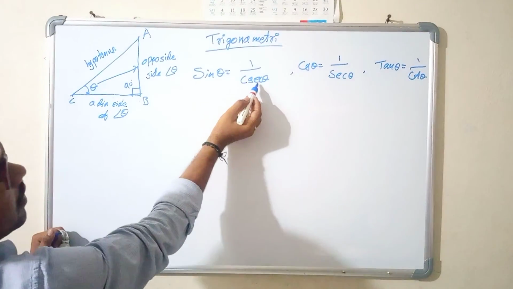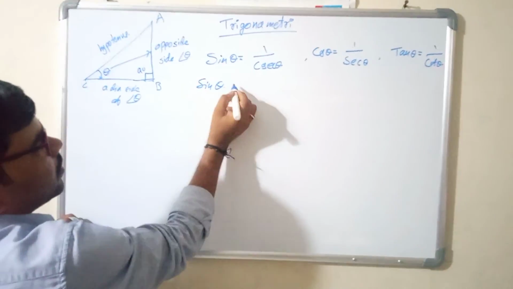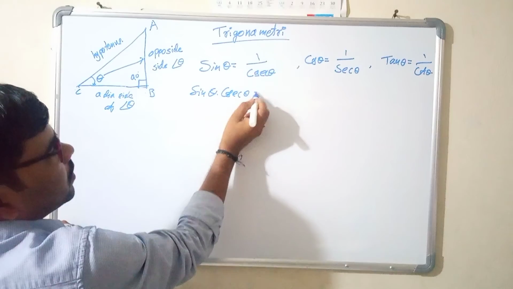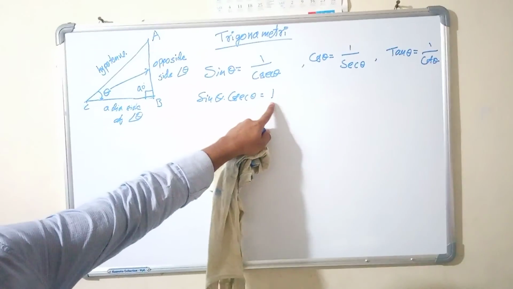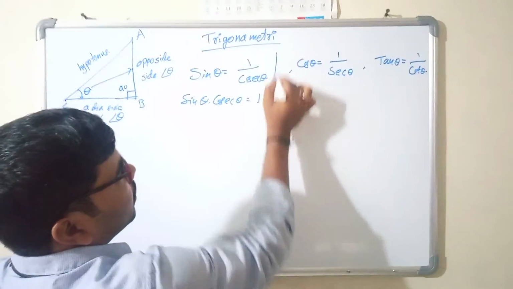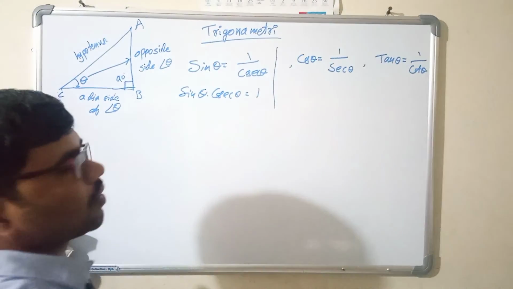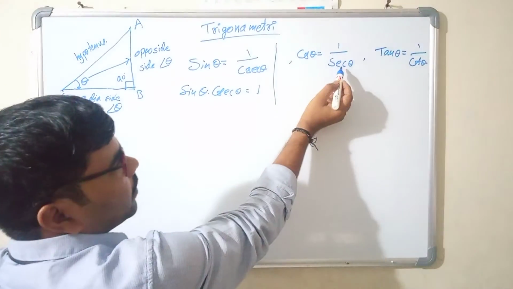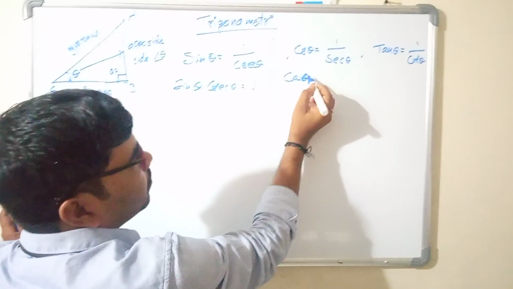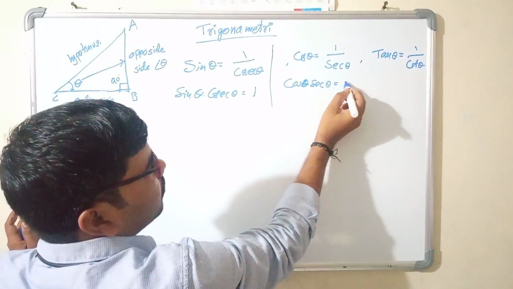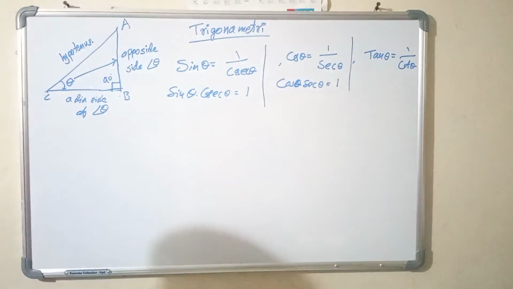If you take this one, that means sin theta into cosec theta is equal to 1. Multiplication of sin theta and cosec theta is equal to 1 compulsorily. Next cos theta is the reciprocal of secant theta, then cos theta into secant theta is equal to 1. Next tan theta is the reciprocal.